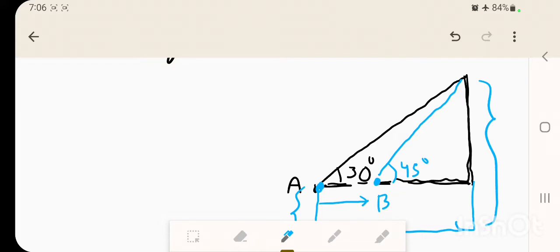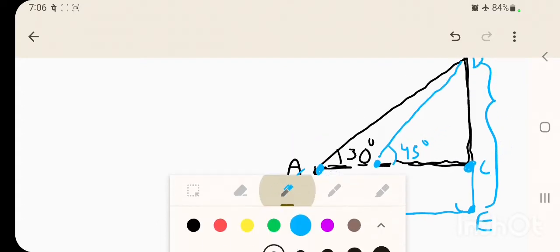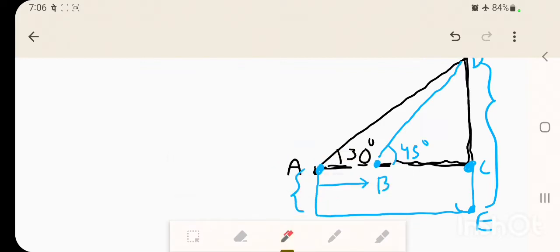Here we can take the palm tree top as D, the foot of the person who is standing and watching as F, the point on the palm tree at the height of the person as C, and the bottom of the palm tree as E. Here if you observe, we have two triangles, and both are right angle triangles.